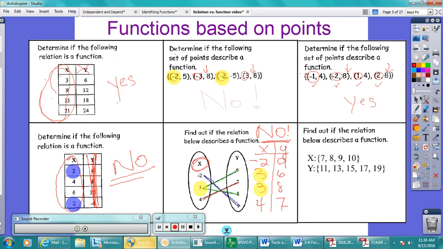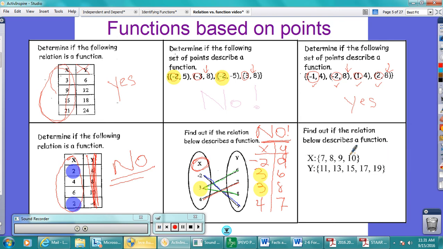Now, this one. This one's a good one. This one I love. Because here now I have a set notation. Okay? Here I have notation right here. It's telling me that all my x values, all my independent values, all my input values are 7, 8, 9, and 10.